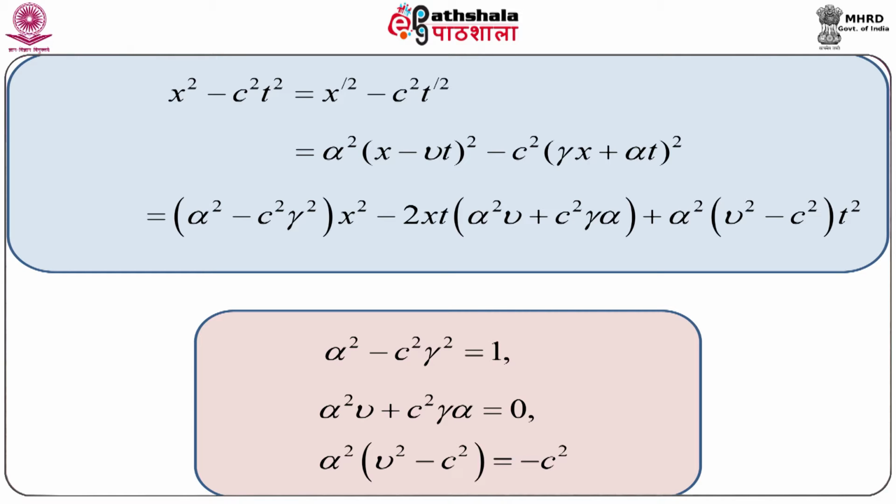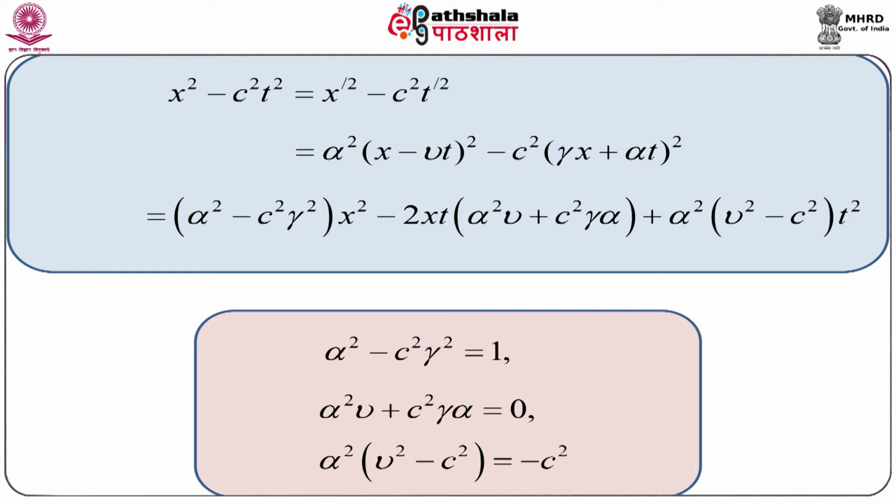This can be written like this one. Here we have taken the coefficients of x square here, the coefficients of the product term x into t here, and the coefficient of t square here. Comparing the coefficients of x square, we get alpha square minus c square into gamma square equal to 1.